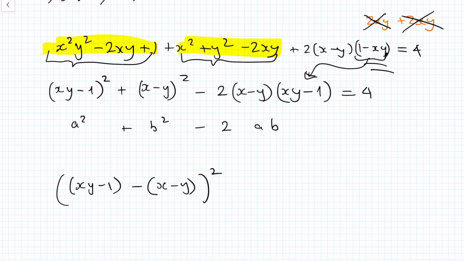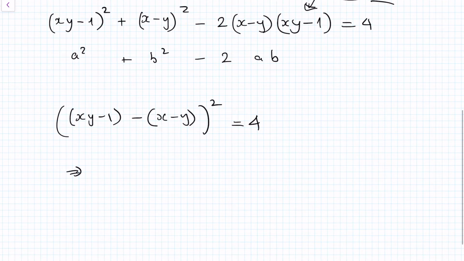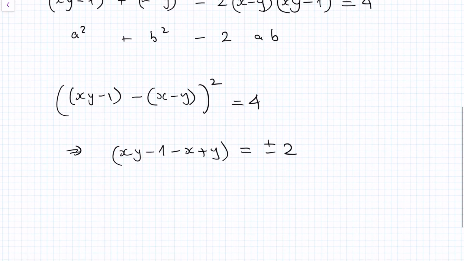Right? That will give us the same answer. That's equal to 4. So that implies xy minus 1 minus x plus y, I apologize, is equal to plus minus 2, right?